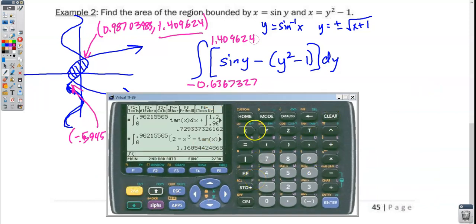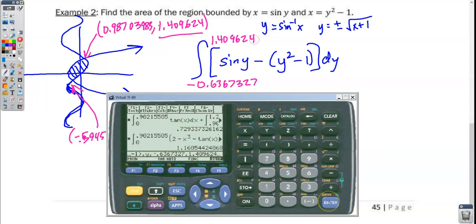So I've got sine of y minus the quantity y squared minus 1, with respect to y, from negative 0.6367327 to 1.409624.